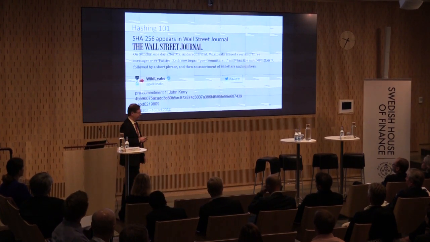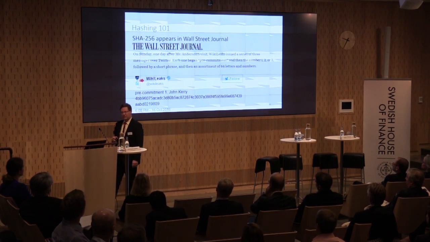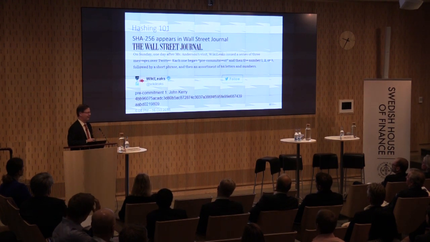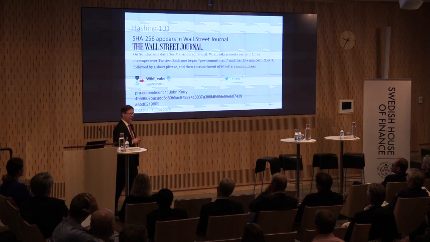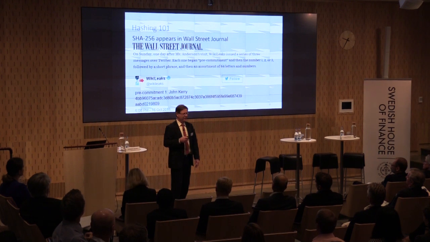This example actually kind of hits close to home. This is from the Wall Street Journal. And this is the WikiLeaks guy who's in the Ecuadorian embassy, as you know, in London. And this was during the US election.